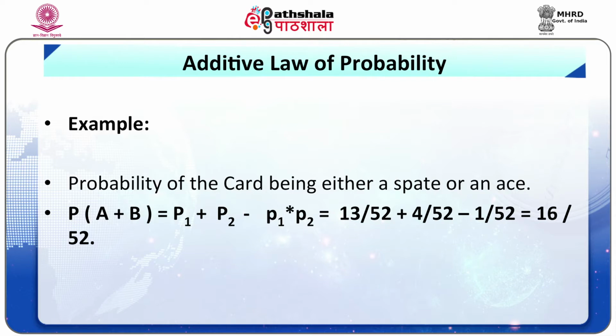Thus, the probability of either A or B occurring is equal to the probability of the first event plus the probability of the second event minus the probability of their joint occurrence, that is 13 upon 52 plus 4 upon 52, the individual probabilities, minus the probability of their joint occurrence, which is 1 upon 52. The sum of the expression given above comes out to be 15 upon 52.